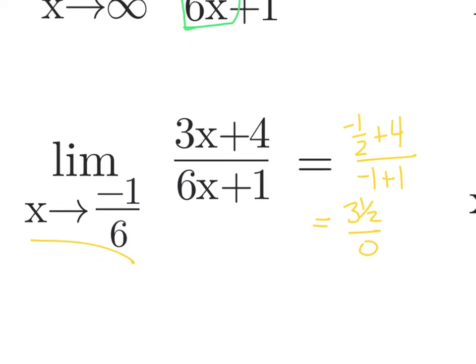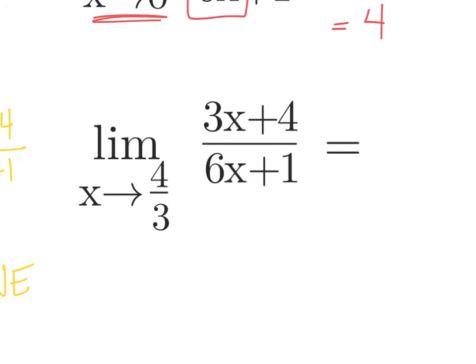This is going to give us one of those limits that does not exist. And last one, 3x plus 4 over 6x plus 1 again, but we're going to let x turn into 4/3. So 3 times 4/3 is 4, plus 4. 4/3 times 6 is 8, plus 1. So that limit's going to be 8/9.